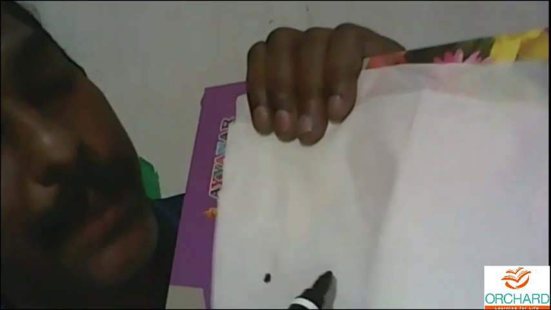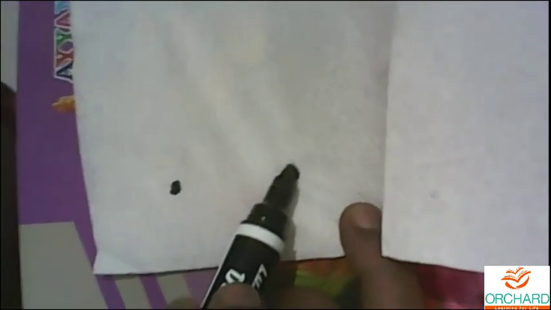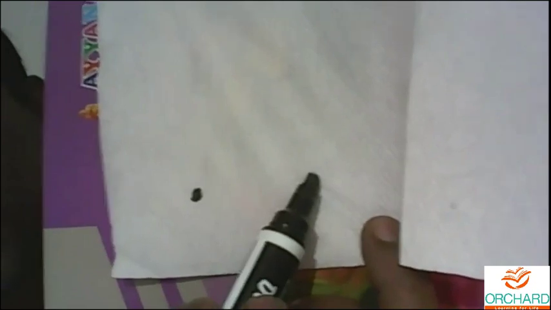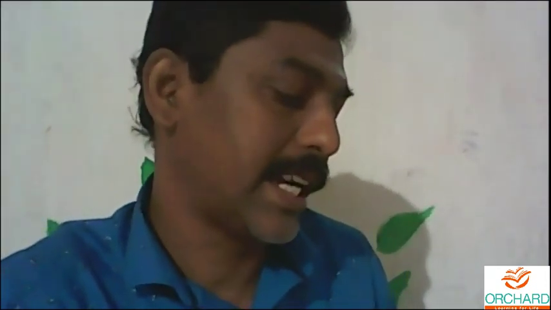Okay, so I will put another black dot in the tissue paper here. So this should be the sample 2. Are you able to see the dot that is spreading through the tissue? I make it closer. Okay, so there are 2 dots, 2 black dots. Okay, so one is sample 1. I take first one as sample 1, second one as sample 2.